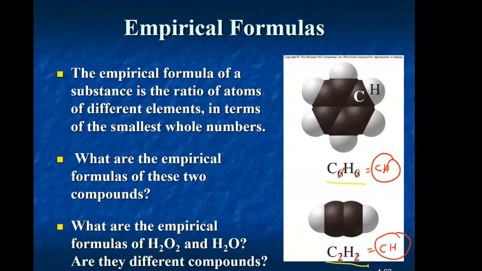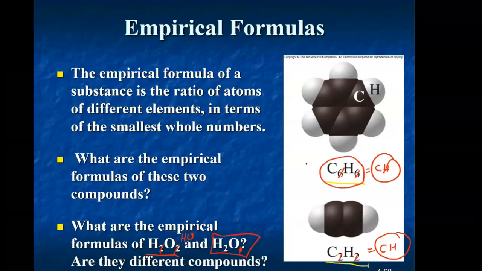Now, H2O2 and H2O. We could simplify H2O2 to just HO. We can't simplify H2O, because it has to be whole numbers, and there's two H's and one O. So this one has the same empirical and molecular formula.